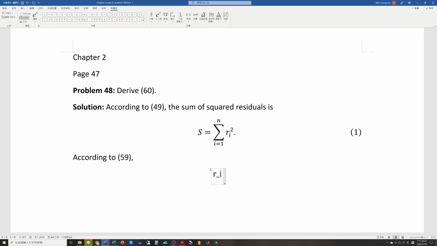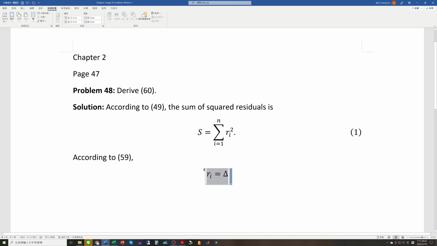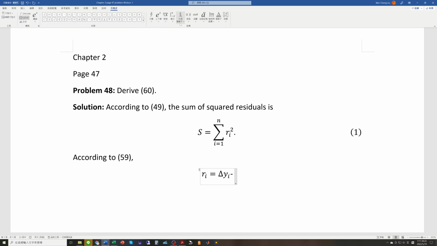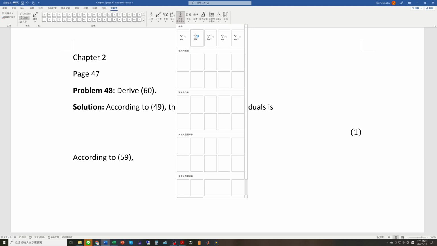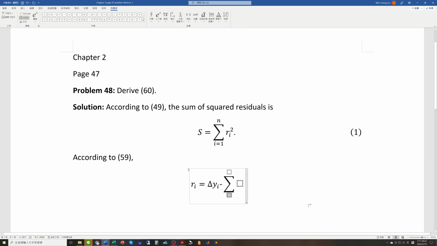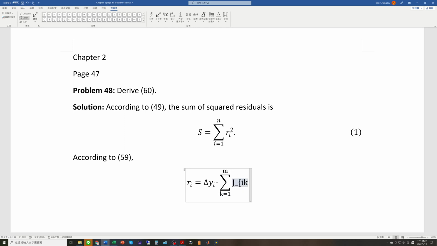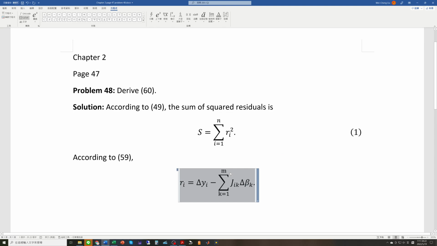So Ri, the ith residual, is equal to delta yi minus summation k equals 1 to m, capital Jik delta beta k, like this.